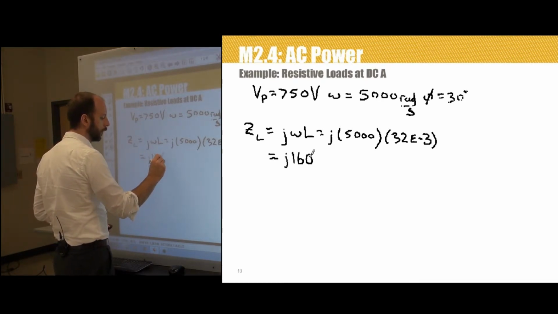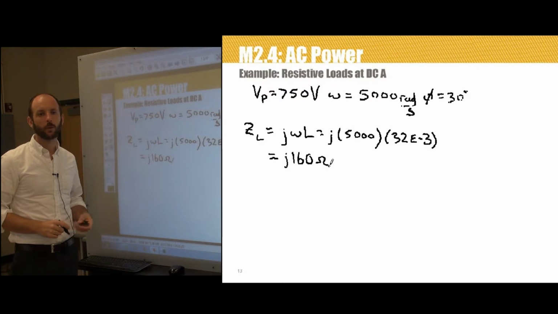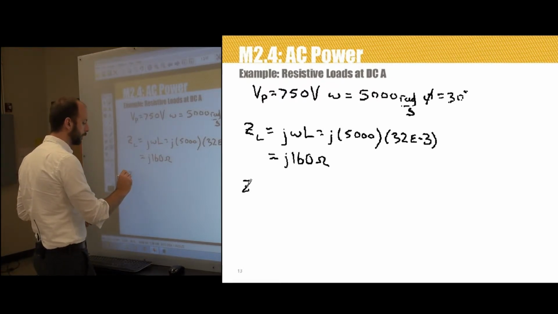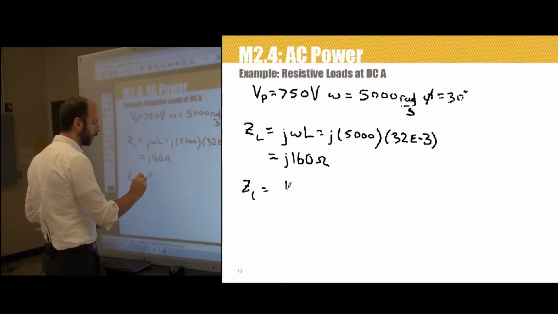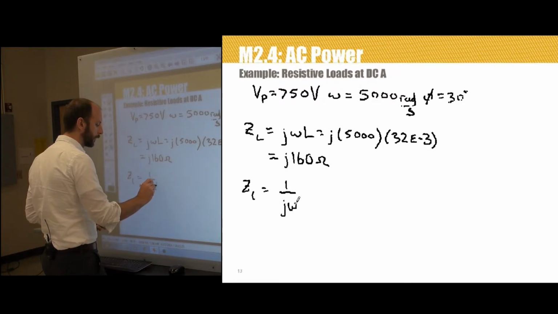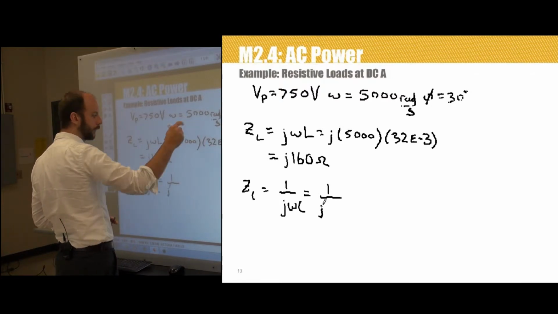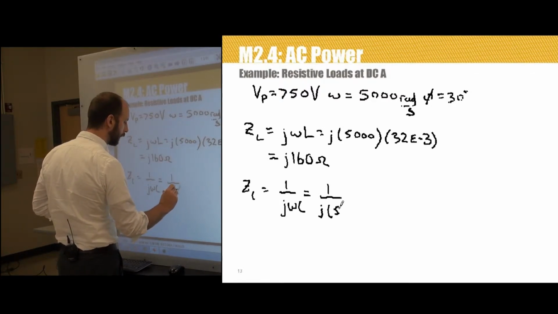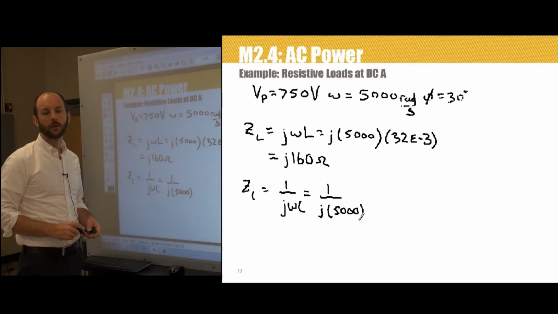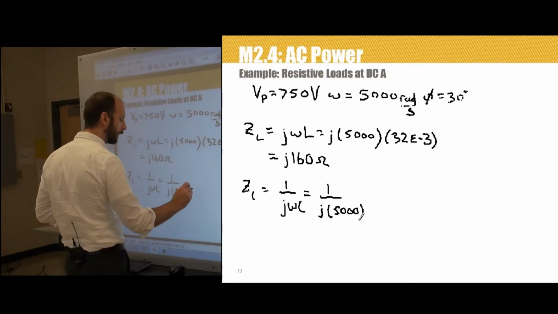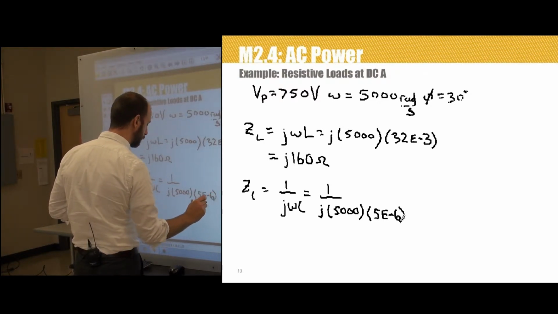You'll recall that a j preceding it indicates that we have a reactive quantity. So we want to do the same thing for the capacitor, Z sub C. Hopefully by now you know that the formula for the impedance of the capacitor is 1 over j omega C. So this is going to give us 1 over j times 5,000, the same angular frequency, times 5 e to the minus 6, for the 5 microfarad capacitor.